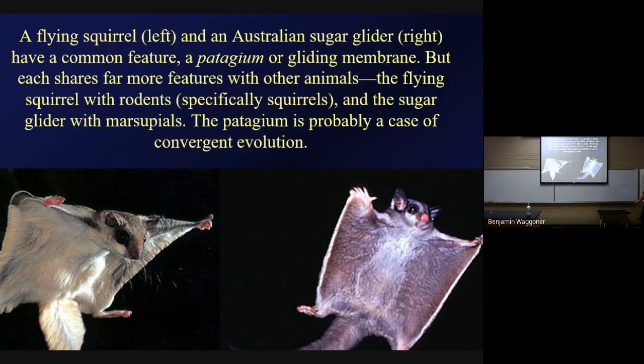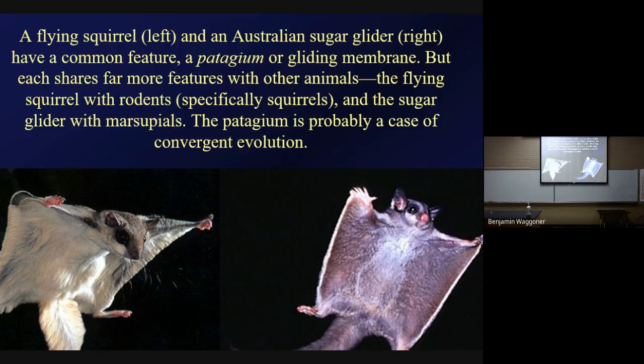And there are features that the sugar glider shares with marsupials that they don't share in common with each other. So the simplest explanation is the patagium is convergent evolution, because it's the only feature that these two critters have in common. In every other respect, each one is more like a different group than they are like each other.